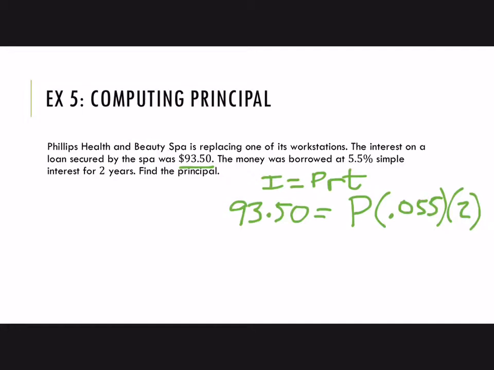Okay, now that is annually, so I need years for the time, and I have that, 2 years. Okay, now you could choose to divide right now, or some people like to simplify and just do this multiplication. So let's do that. 0.055 times 2 is 0.11. Alright, and so then to find the principal, we need to divide by 0.11.